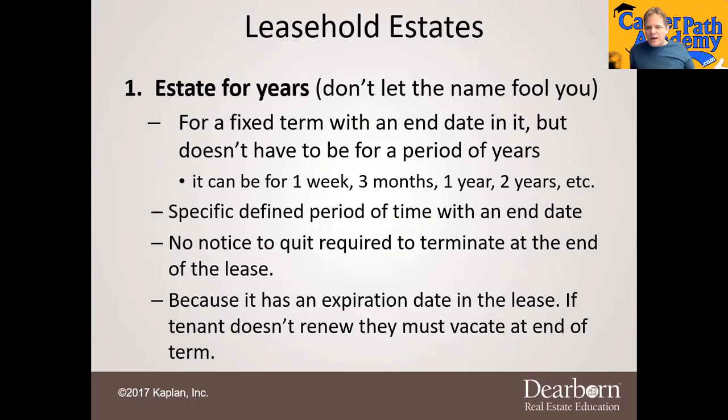You know when you got to get out because it's in the lease. If you did not renew the lease, you got to get out when it expires. This is why no further notice is needed to be given. And you can't terminate early because if you do, that's breach of contract. Right?